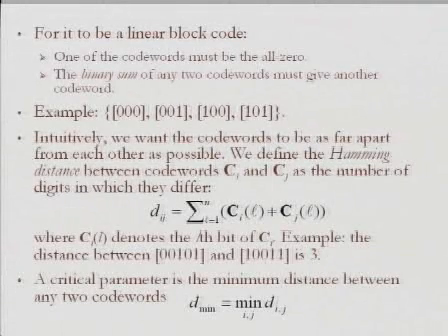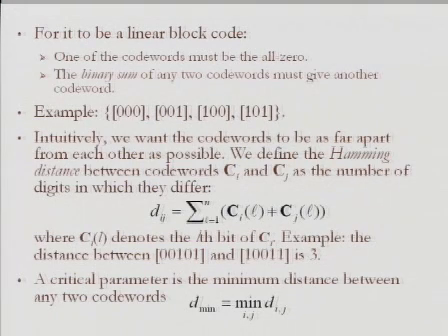Okay, so let's see an example. This is a very simple code. So what's k and what's n here? Anybody for this code? So these are the code words. What's n first of all? N is the number of symbols of the code word, right? So how many do they have?